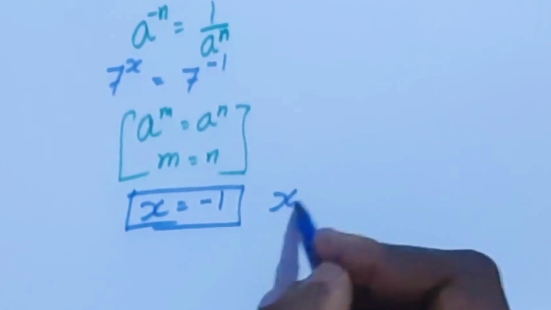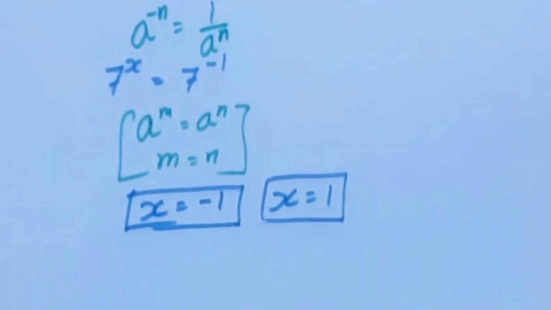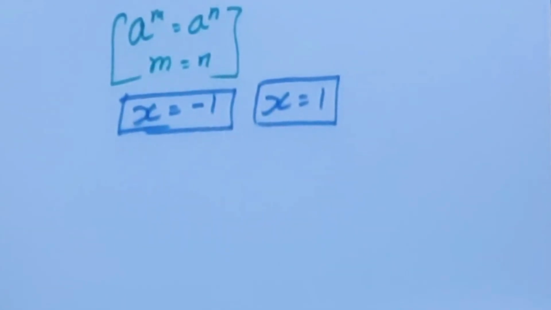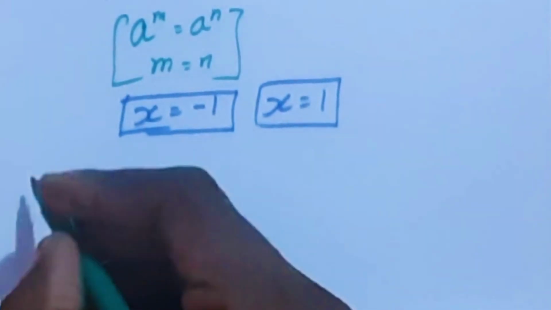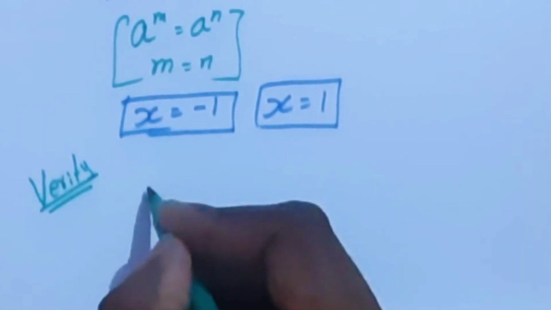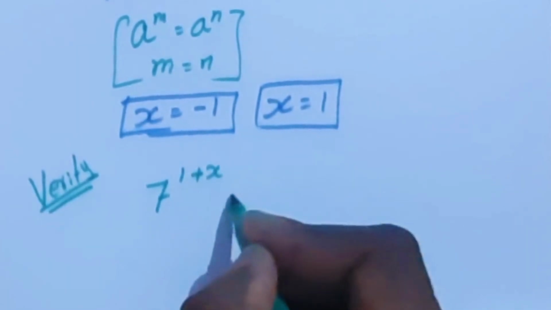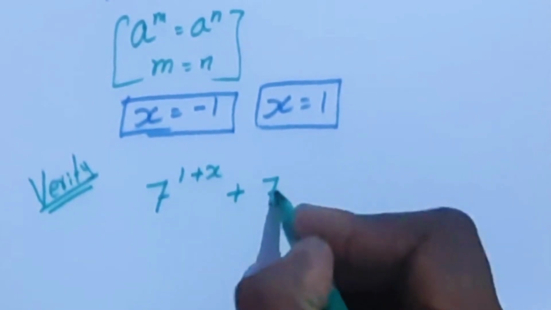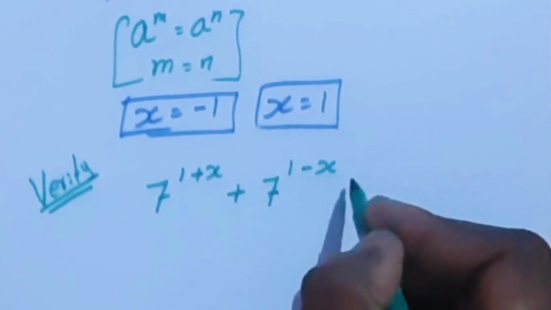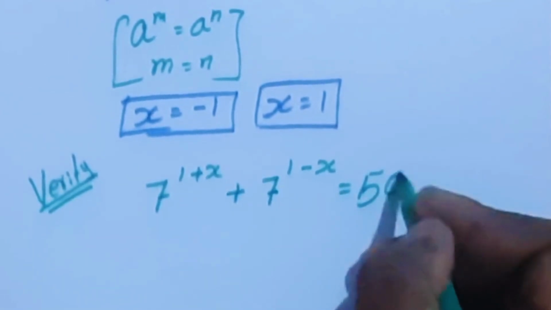Now, we have x equal to 1 and also x equal to minus 1. Now, we are going to verify this x value with the equation 7 power 1 plus x plus 7 power 1 minus x equal to 50.